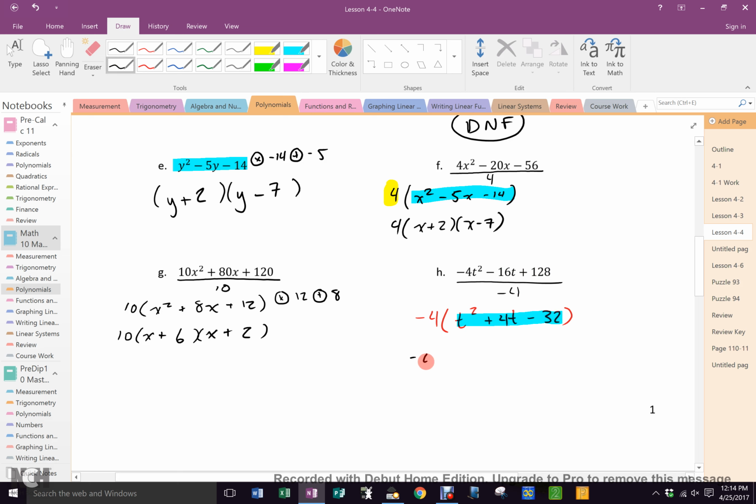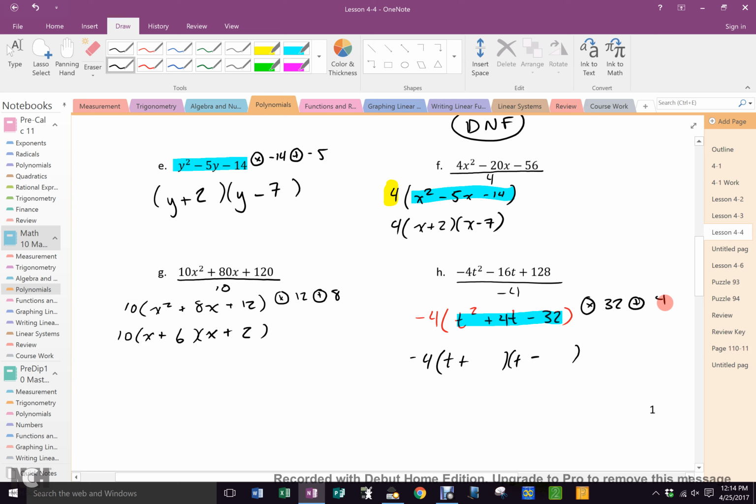Let's see. Negative 4. If it's going to work, it's going to be what and what? T and t. That's negative, so what's the sign going to be? Plus and minus. And I need numbers that multiply to 32 and add to what? 4. Is it 1 and 32?